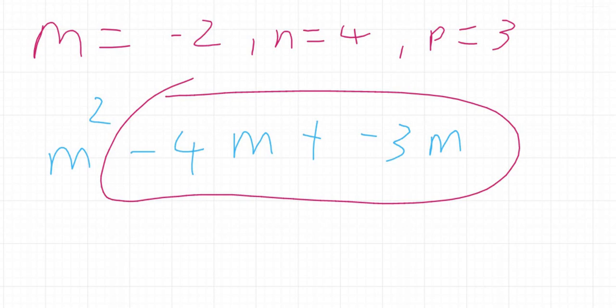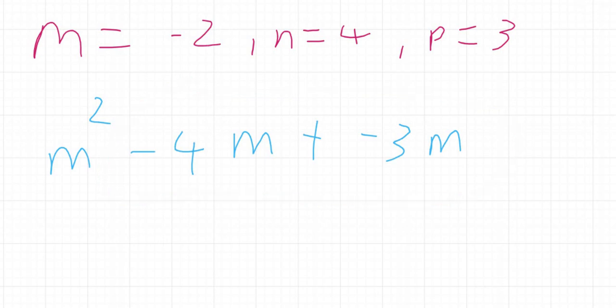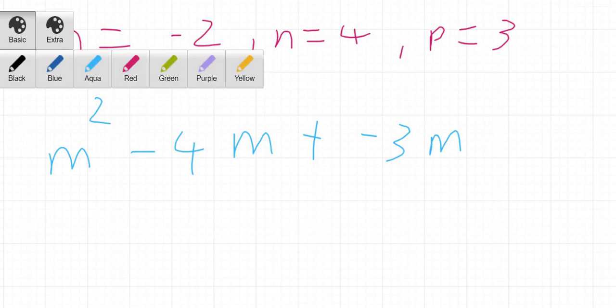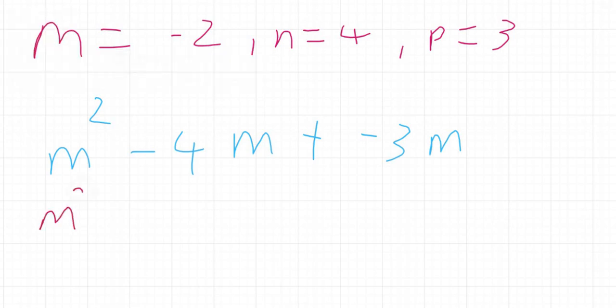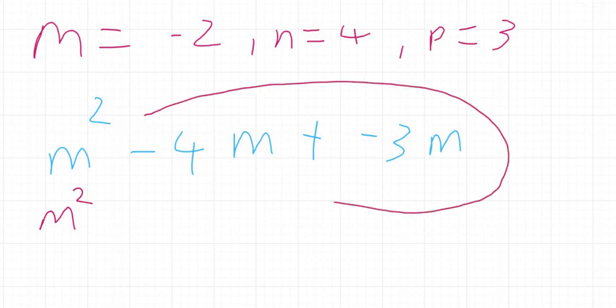It doesn't matter which way we do it. But looking at it in a simplified way, we have m squared, and if you owe 4m at the shop and you go a second time and owe 3 more, you're increasing your debt, so you're owing more money.